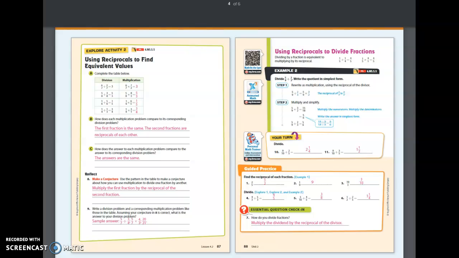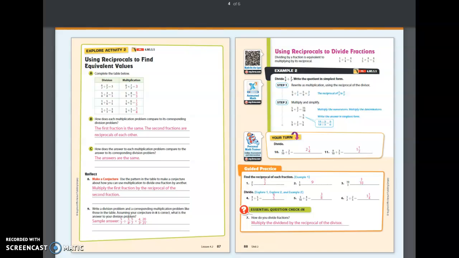Okay, so the biggest difference is when I am multiplying 6/7 times 7/2. When I multiply 6/7 by the reciprocal in the same problem, I'm going to flip it to get its reciprocal, and I get the same answer. How does the answer to each multiplication problem compare to the answer to its corresponding division problem? They are the same.